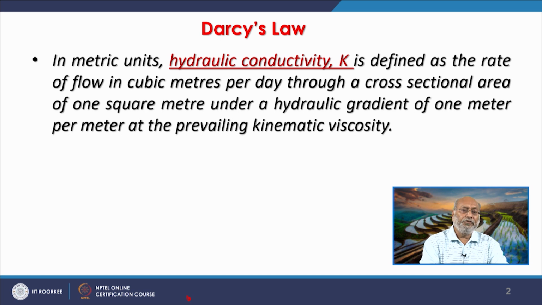In earlier systems there used to be cubic feet per day and so on. Cubic meters per day can be converted into other values also, but normally this is what we follow in the metric system, that hydraulic conductivity is measured in cubic meters per day through a cross sectional area.